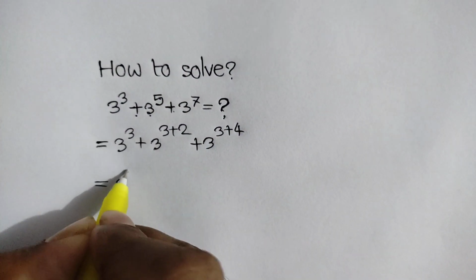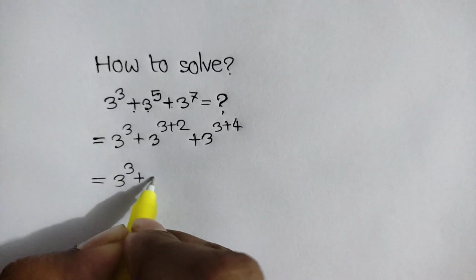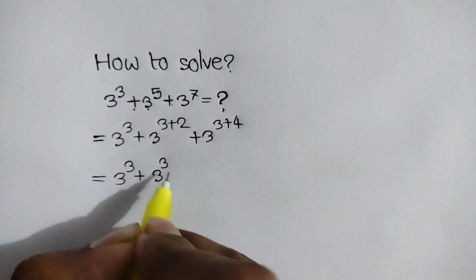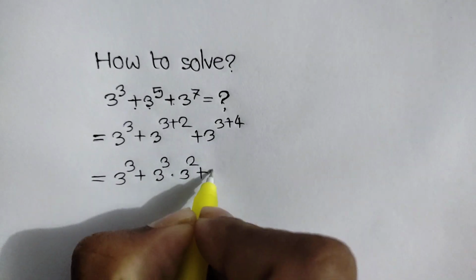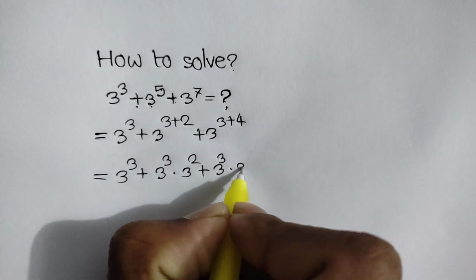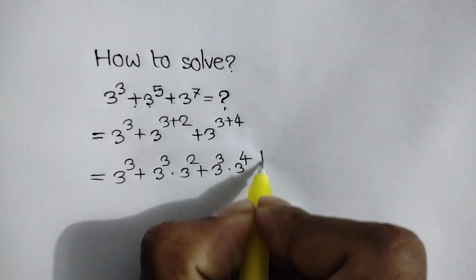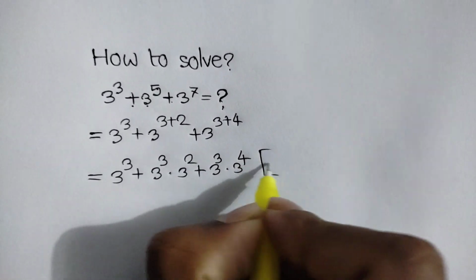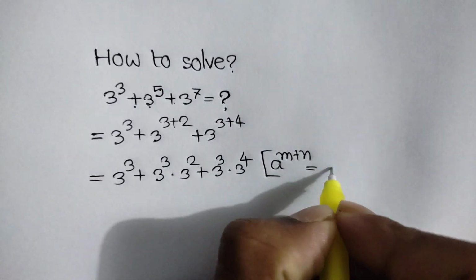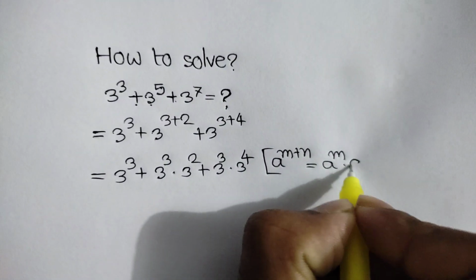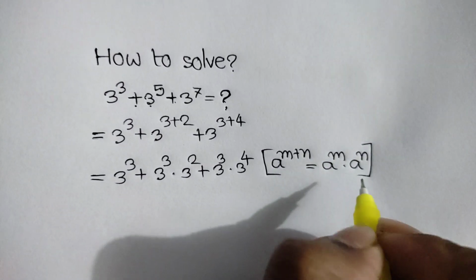Next we can write 3 to the power 3 plus 3 to the power 3 times 3 to the power 2 plus 3 to the power 3 times 3 to the power 4, applying the rule a to the power m plus n is equal to a to the power m into a to the power n.